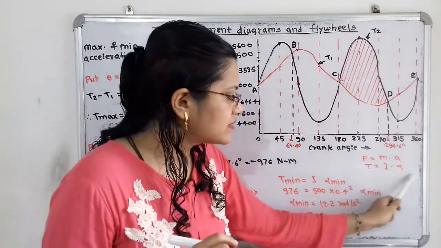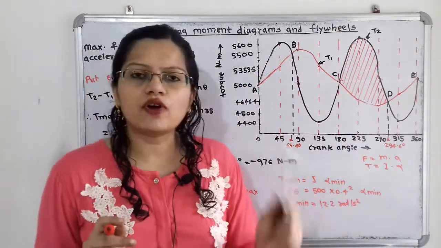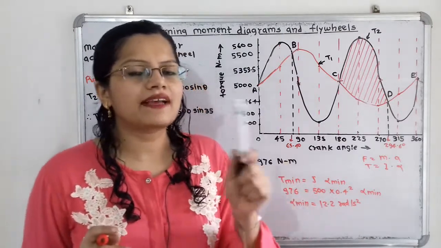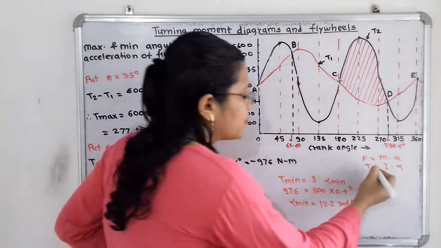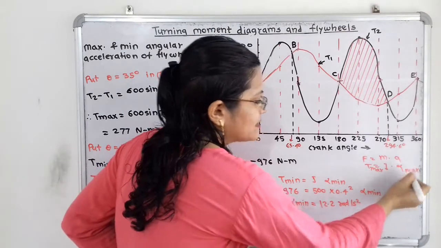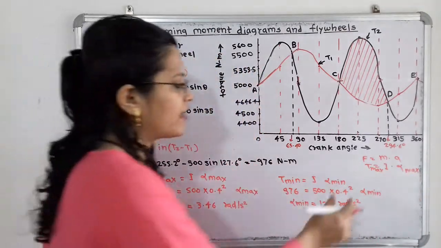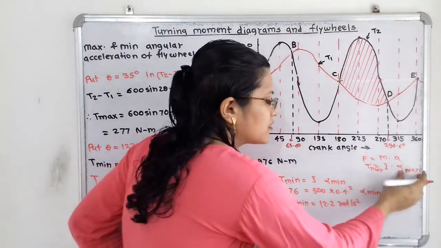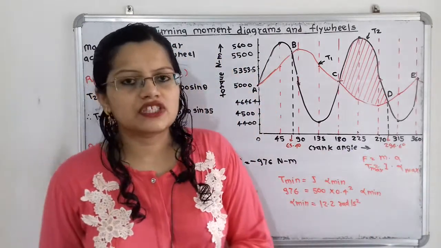So we use the same formula. Instead of torque we put T max and T min. When I put the maximum torque, we get the maximum angular acceleration α, and when I put the minimum torque, we get the minimum angular acceleration α.